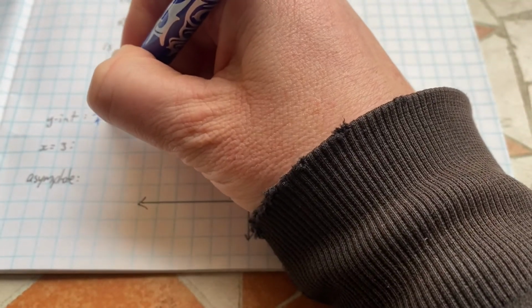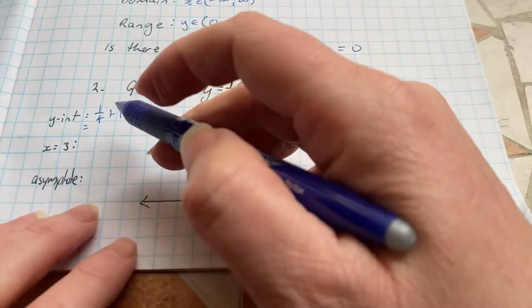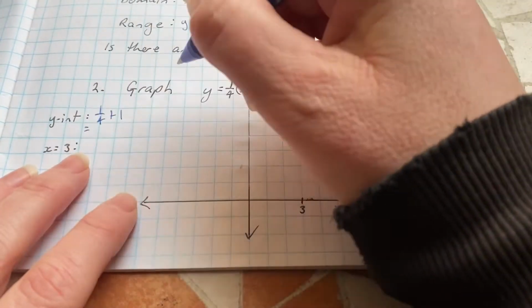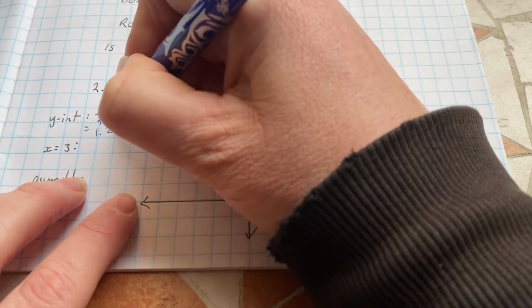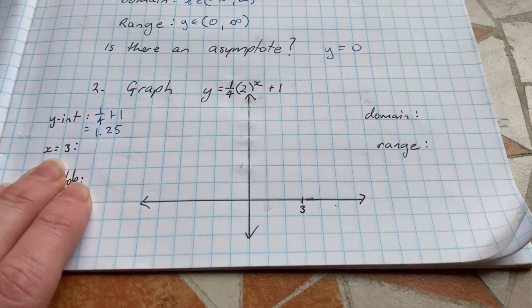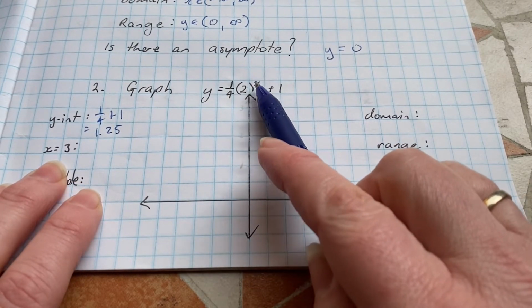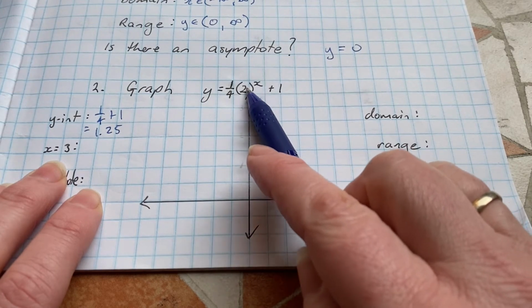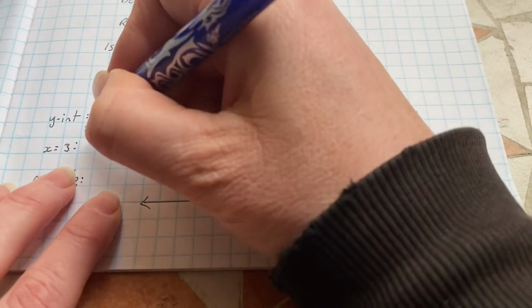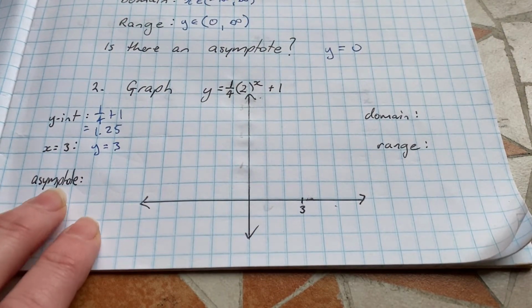Now, 1 is the same as 4 on 4, so 1 on 4 plus 4 on 4 is 5 on 4. Oh, let's just go 1.25. 1 plus 0.25. Now, we just find one other point. So when x equals 3, 2 cubed is 8, 1/4 of 8 is 2 plus 1, so y would equal 3. So the point (3, 3) is on the curve.